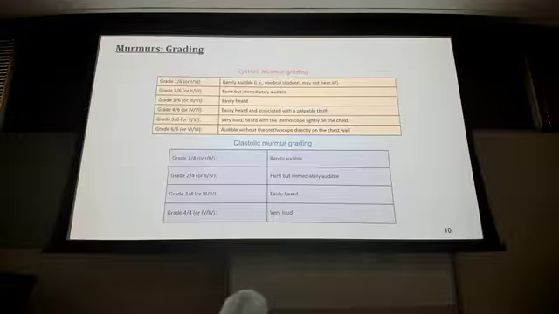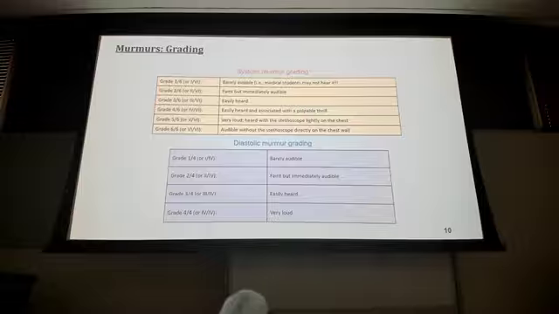That way, if they follow up and now they say this is a 3 out of 6, then you know that the condition is getting worse. Okay? So you've got to know what exactly you mean when you say this is a 2 out of 6 or a 3 out of 6 or even a 6 out of 6 systolic murmur.